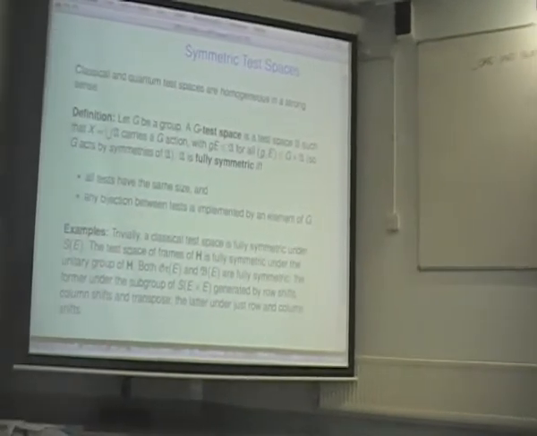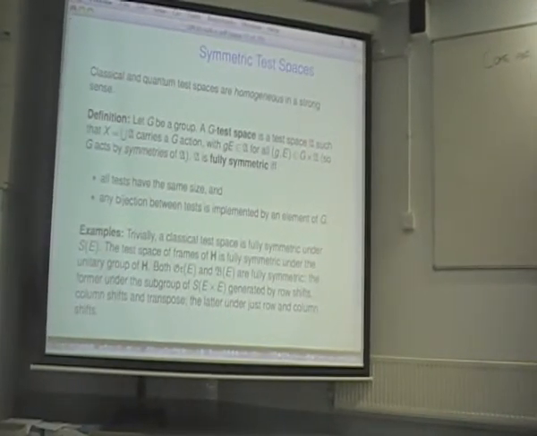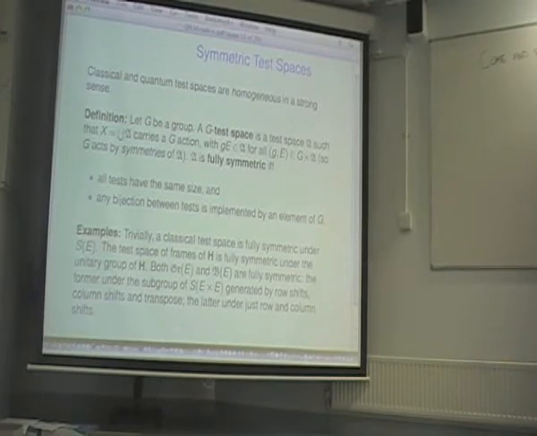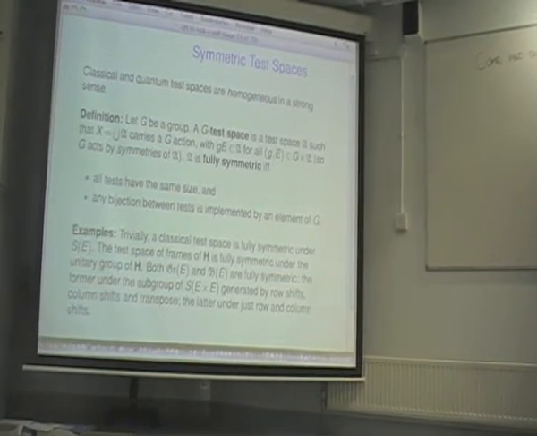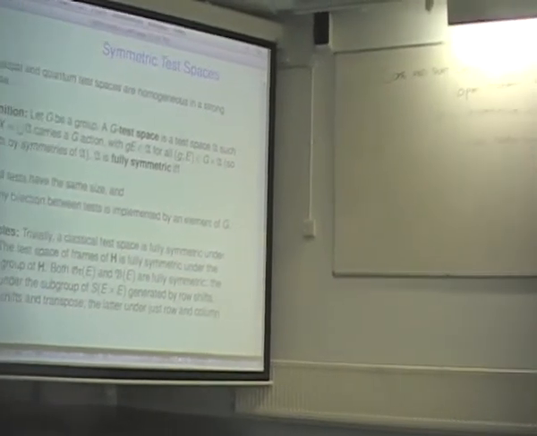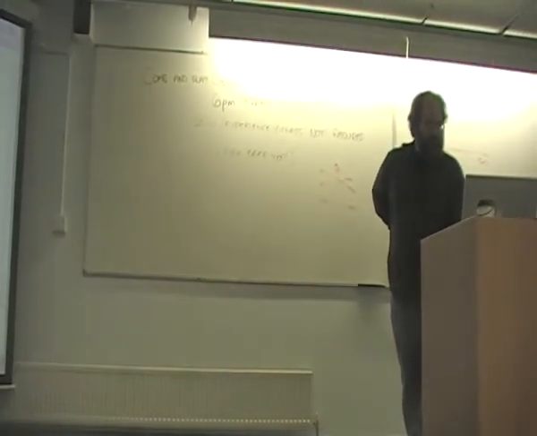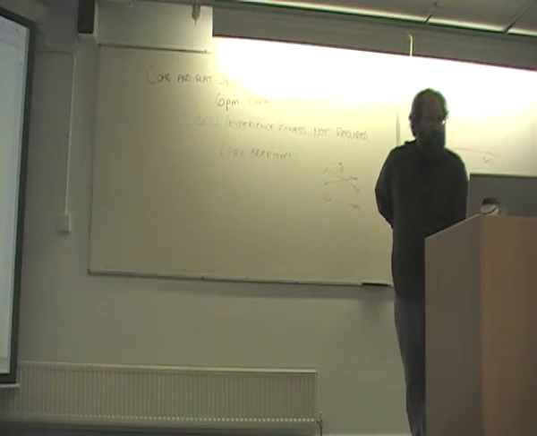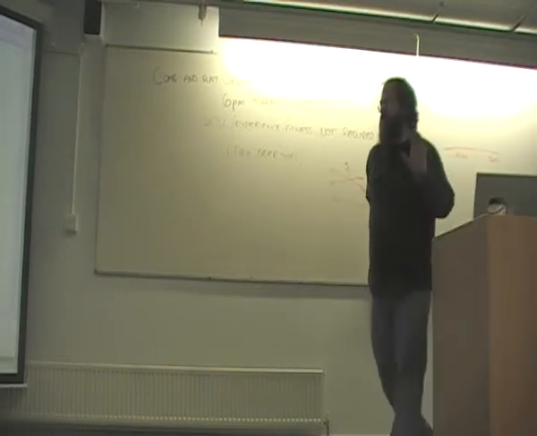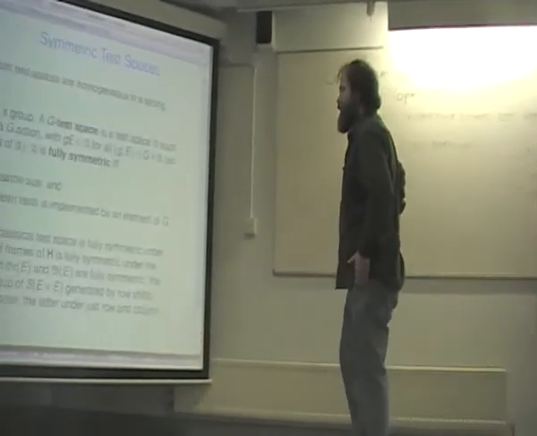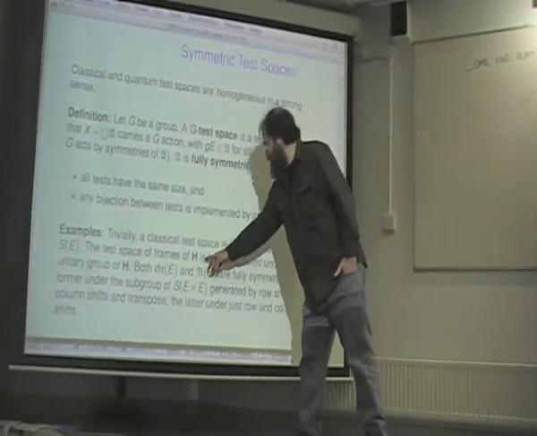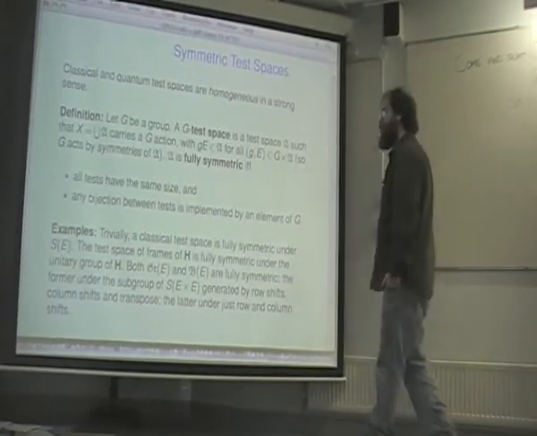Okay. One example we've already covered: the quantum test space of frames is fully symmetric under its unitary group. A more trivial example, take a classical test space. It's trivially, vacuously fully symmetric under the permutation group of its unique test. Now, it turns out that both of the exotic examples I showed, the grids and the test space of graphs of bijections, are fully symmetric.